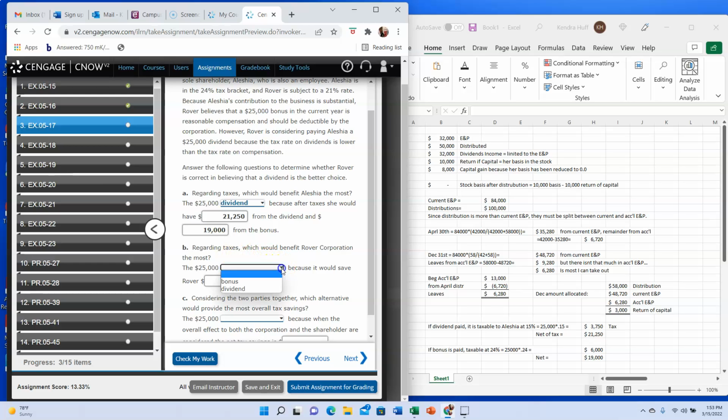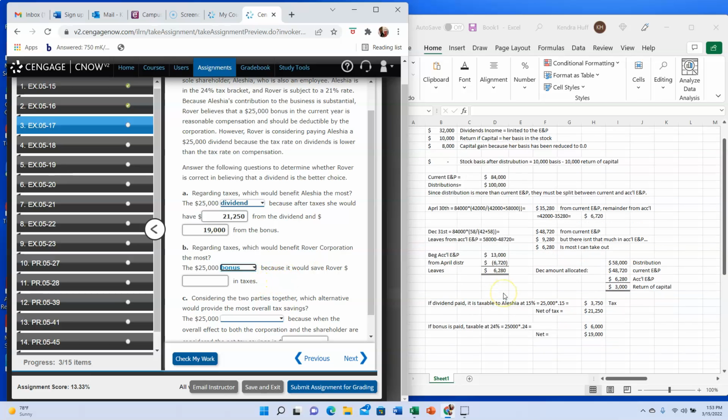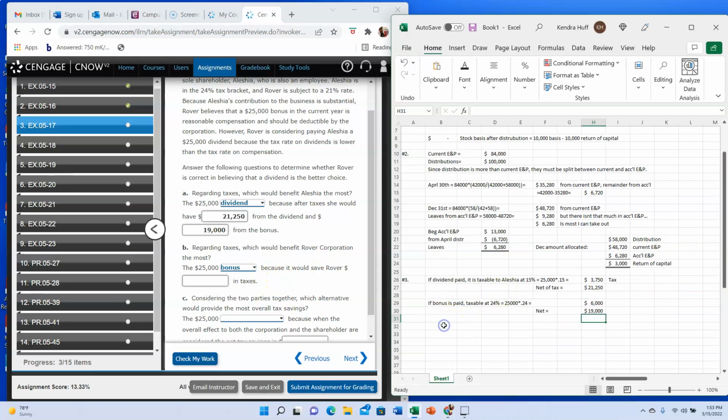The $25,000 bonus because it's tax deductible. And let's see, the bonus would save Rover 25,000 times 0.21. That's not right.